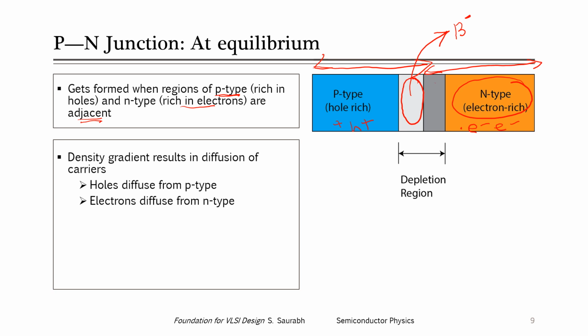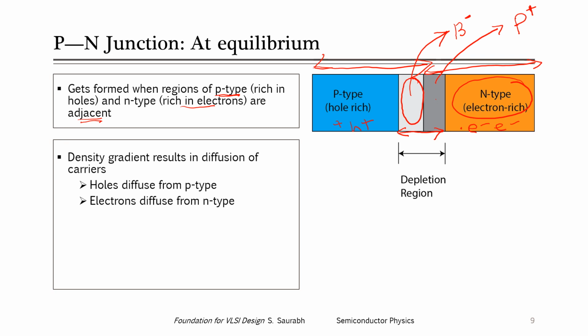And on the other side, let's assume that it was phosphorus. It had extra electrons. Those extra electrons have moved to the other side, and here we'll have the positively charged phosphorus donor ions, right? So in this region, we'll have only the ions: the negatively charged acceptor ions and the positively charged donor ions.